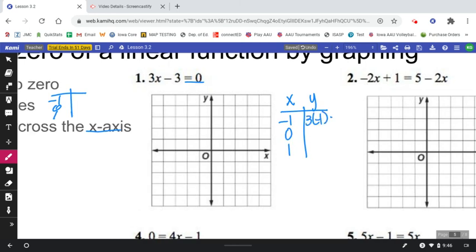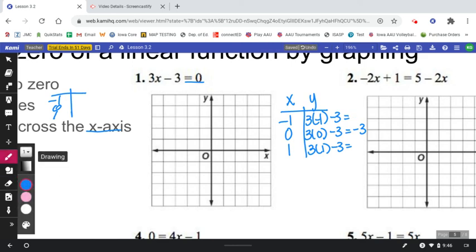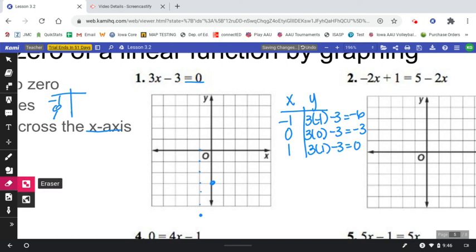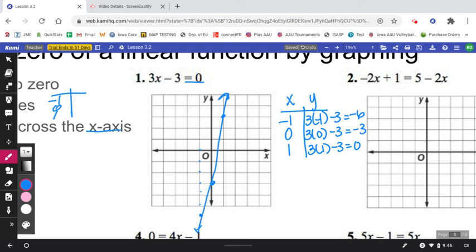So 3 times -1 minus 3 would give me -6. 3 times 0 minus 3 would give me -3. And 3 times 1 minus 3 would give me 0.